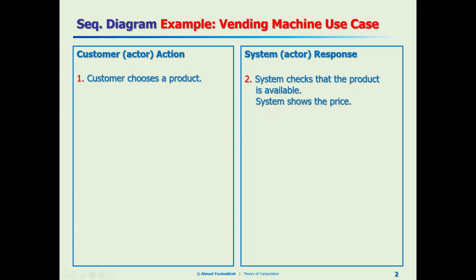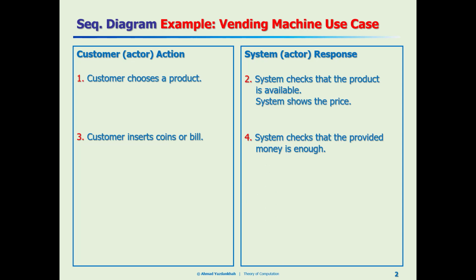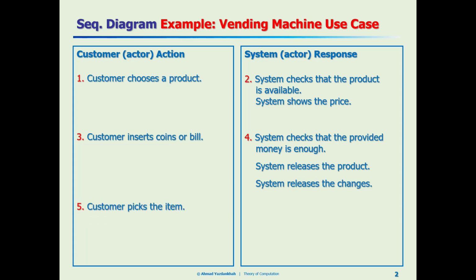Then the customer inserts coins or bills, and the system checks whether the provided money is enough or not. Since this is the happy flow of the use case, we assume the money was enough, and the system releases the product, and the system releases the change as well, and the customer picks both of them up.